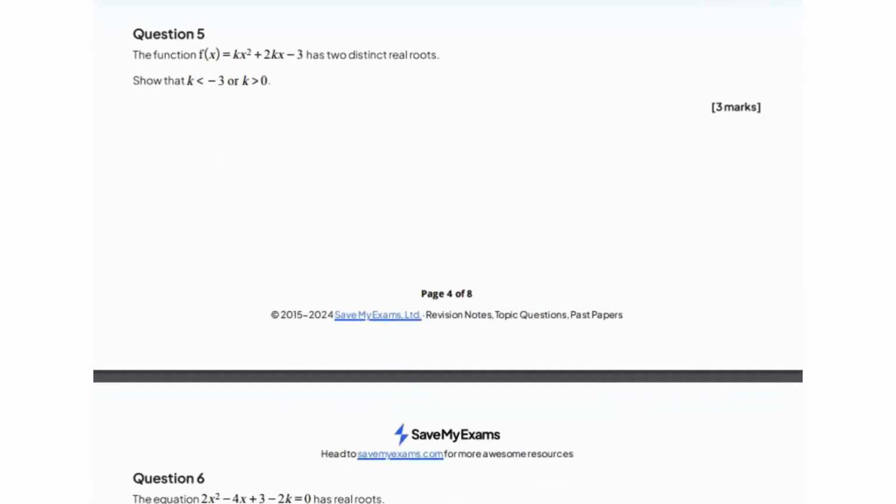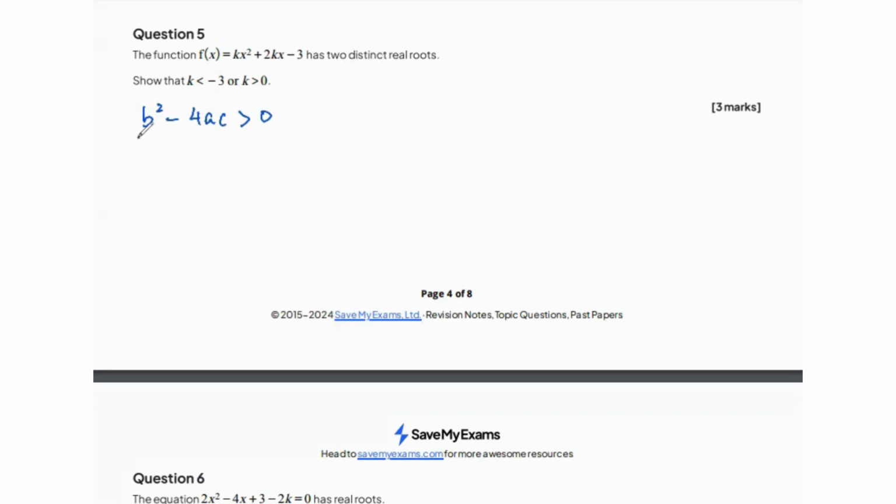In question 5, it says that the function kx squared plus 2kx minus 3 has two distinct real roots. Show that k is less than -3 or k is greater than 0. So for this, we're going to find the discriminant. b squared minus 4ac is going to be greater than 0 because it has two distinct real roots.